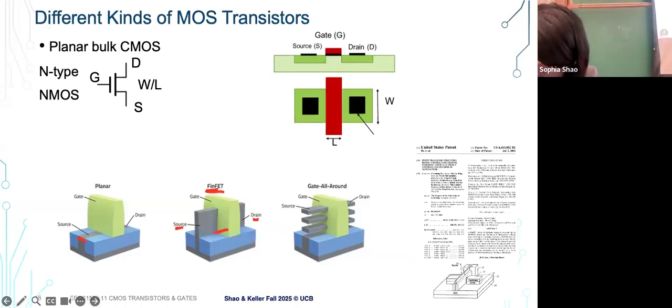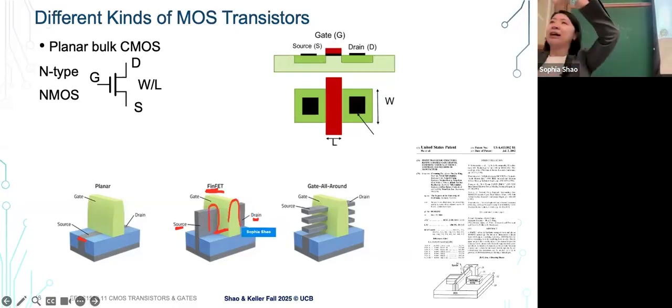It's a little bit awkward to draw, but things are wrapped around the fin between source and drain. So there are a lot more areas interacting between gate and drain, so there are more conducting behaviors. The channels are better modulated. That's basically what FinFET is trying to do, so that you have better conducting areas there.